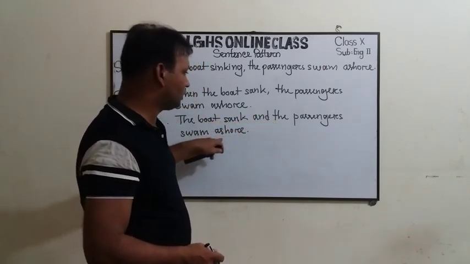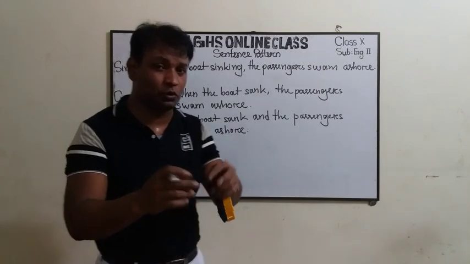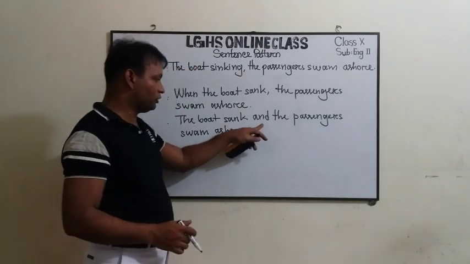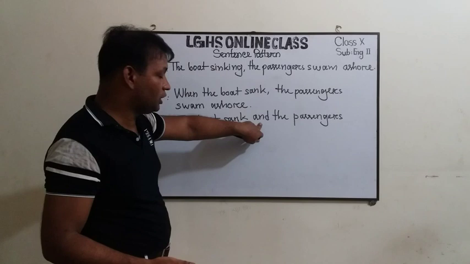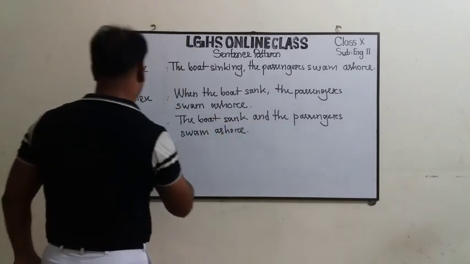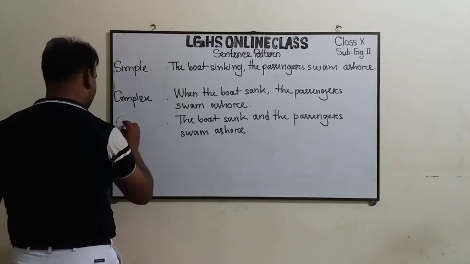These are coordinate clauses because these clauses have participated to coordinate or to make up a long sentence by the use of a coordinating conjunction. This type of sentence is called a compound sentence.